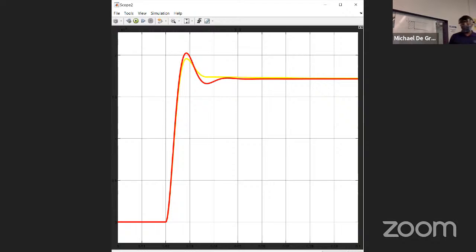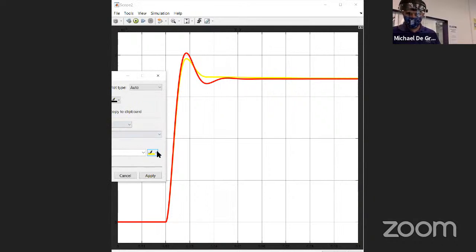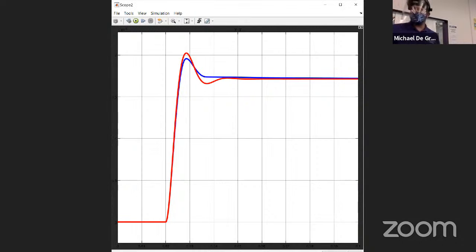So we've got a couple lines here. The red line is my linear model, and the yellow line, which is now really hard to see, and the blue line is my nonlinear model. So my linear model overshoots the nonlinear model by a little bit and then comes back down.